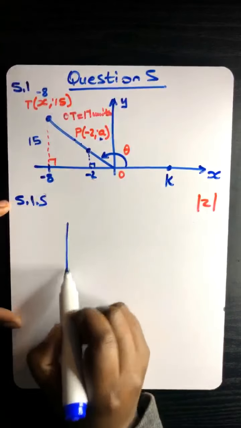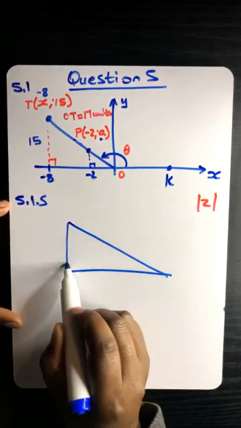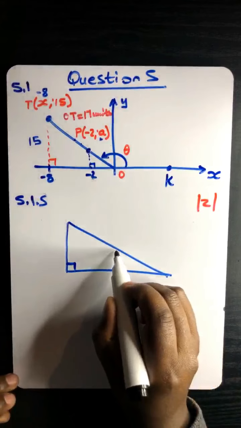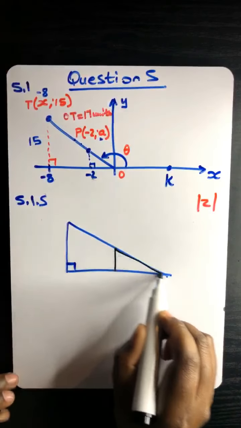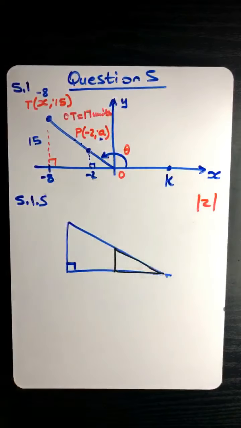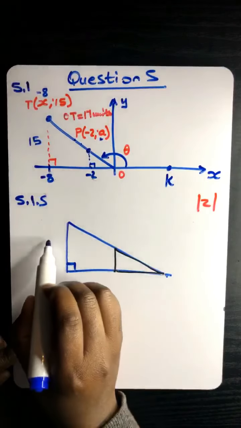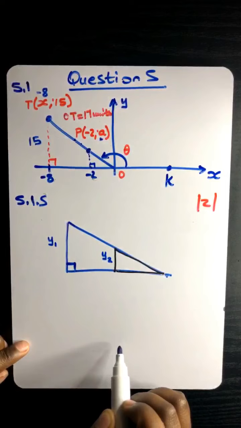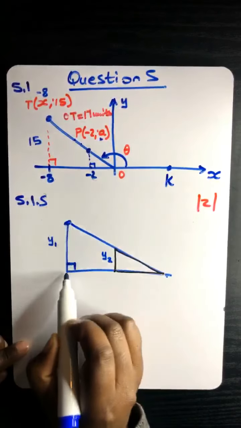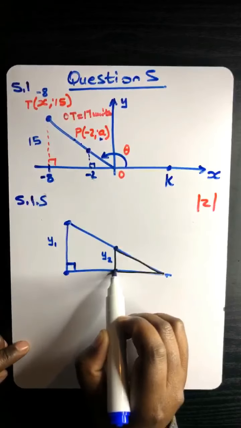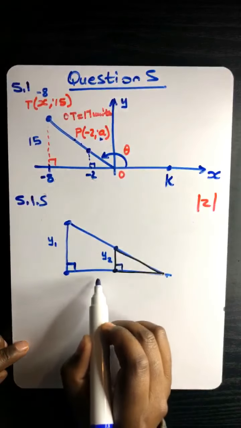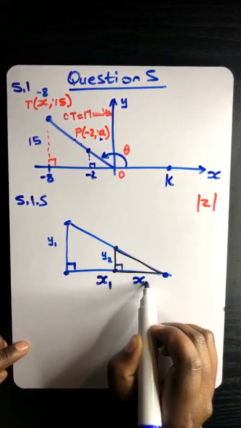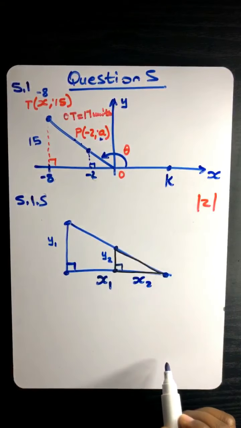But if we have this big right angled triangle and another one within it, we can say this one is y1 over y2, from there to there, and then x1, from there to there, over x2. Then we try to find the sides.